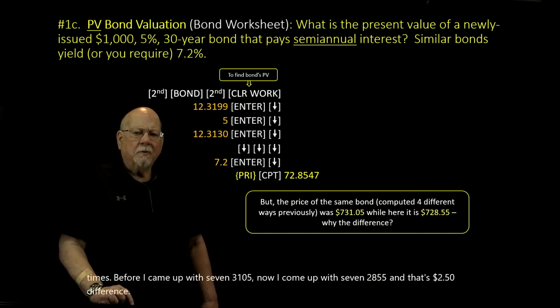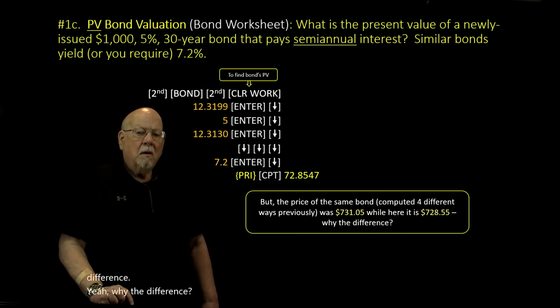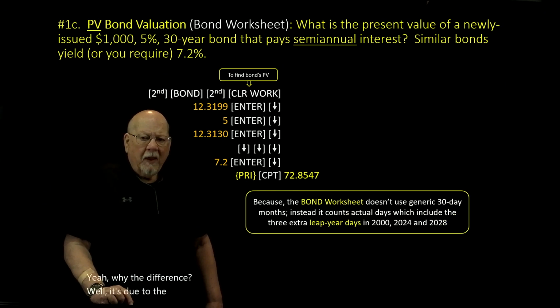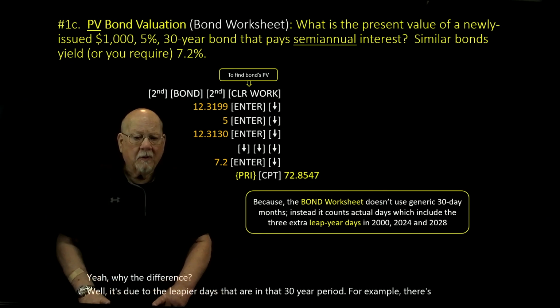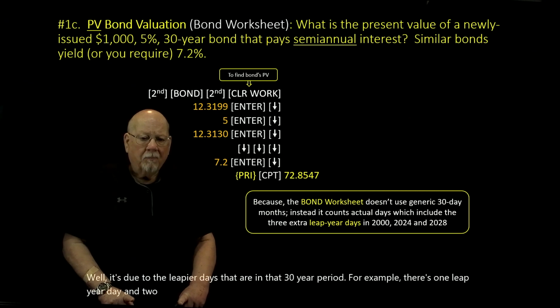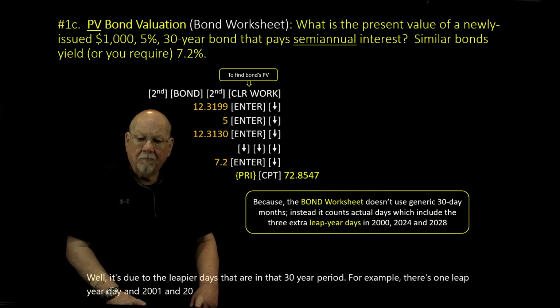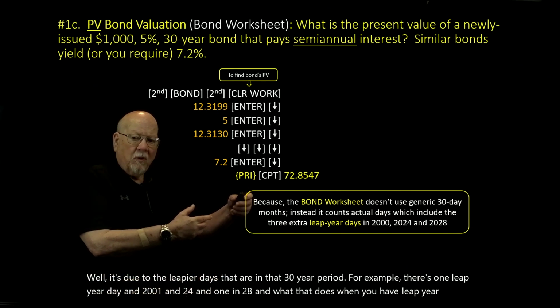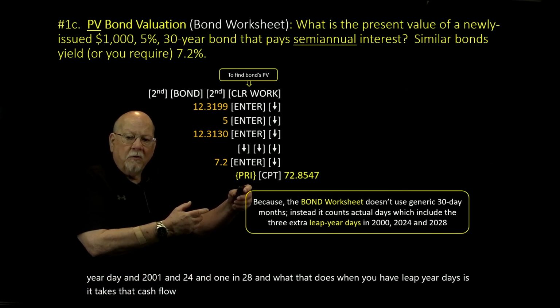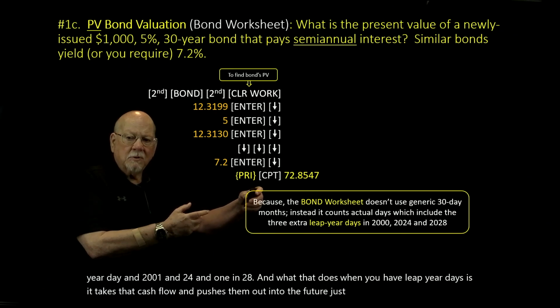Yeah, why the difference? Well, it's due to the leap year days that are in that 30-year period. For example, there's one leap year day in 2000, one in 2024, and one in 2028. And what that does when you have leap year days is it takes those cash flows and pushes them out into the future just incrementally, not much, but just a little bit.